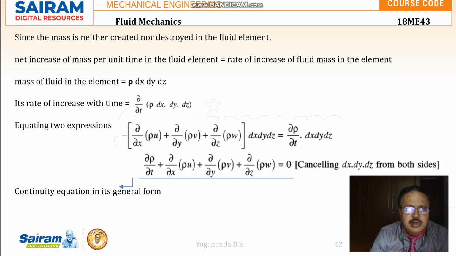So the rate of increase of mass per unit time, with respect to time t, we take the partial derivative del by del t of rho into dx dy dz. The rate of increase of mass of fluid is equal to the net gain in the mass of the fluid.